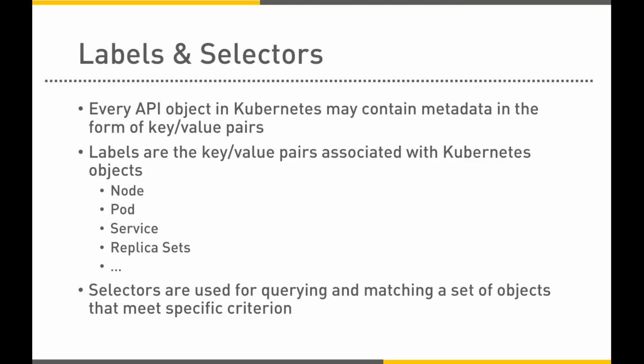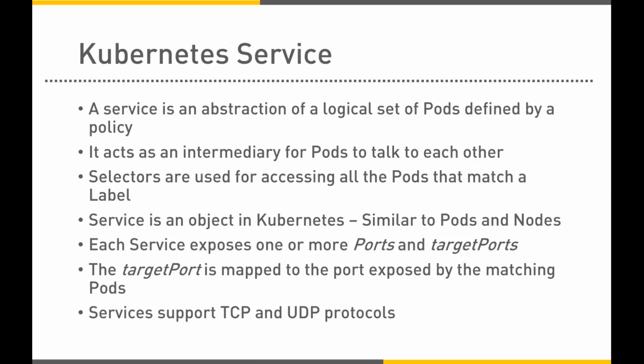Now, as you can imagine, the abstraction that we are creating, for example, we have created a pod, and now we need to access that pod. So how do we access that? So before we can access that pod, we need to create what is called a service. And a service is an abstraction of a logical set of pods, defined by a policy. And the service is like a channel.